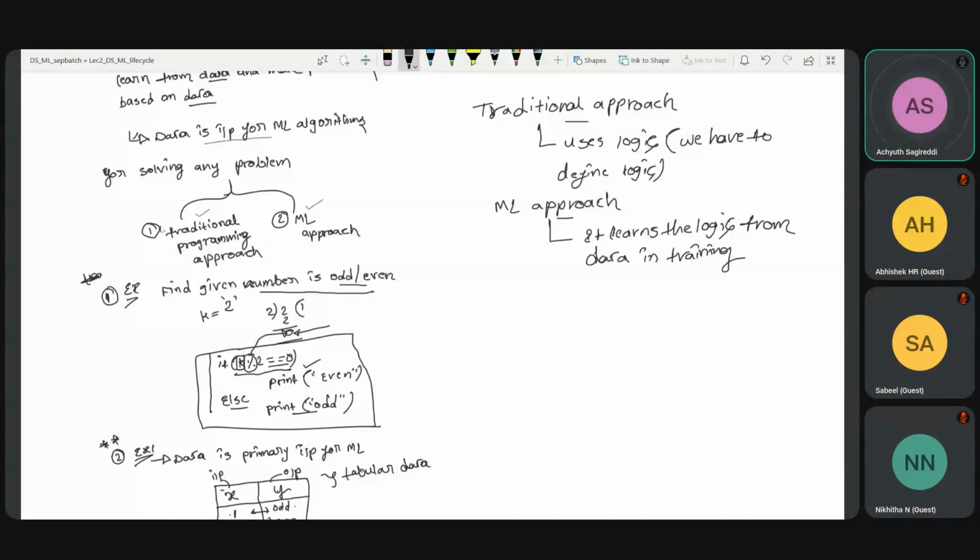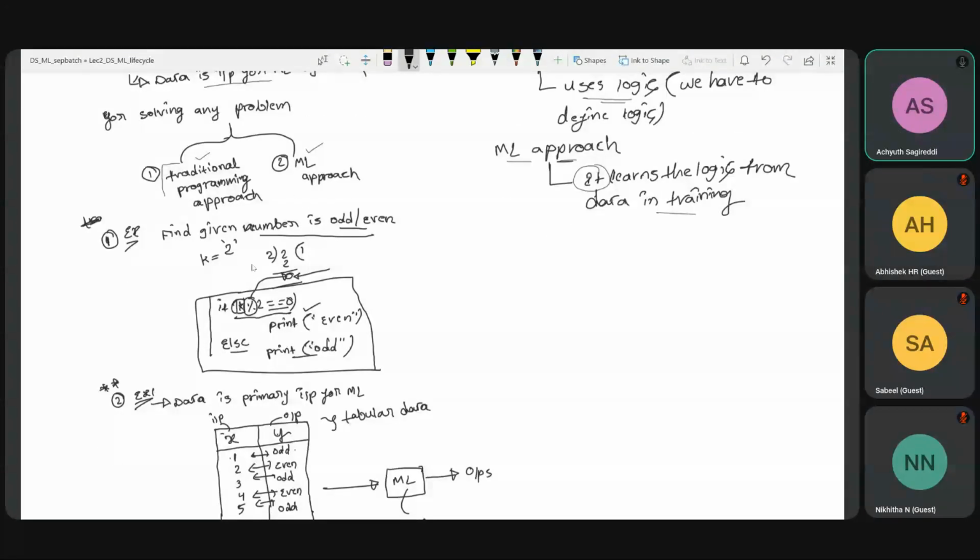In the traditional approach, we have to give and define the logic. In the machine learning approach, the algorithm learns the logic from the data in the training phase.